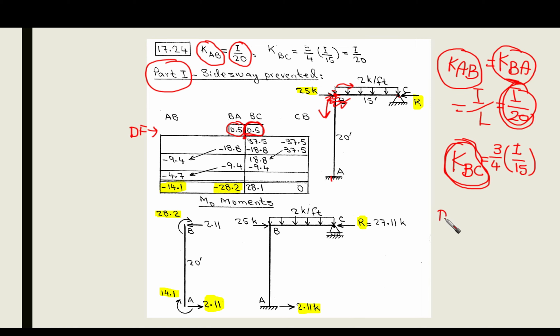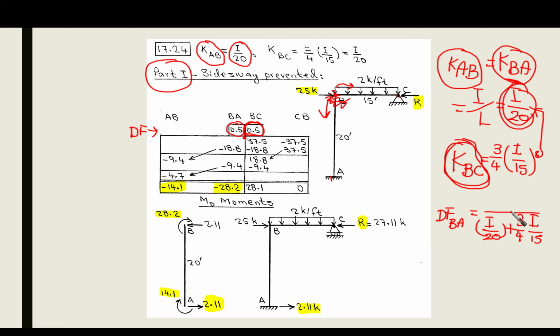The distribution factor for BA is going to be equal to, in the denominator, the summation of the relative stiffnesses of all members framing into point B. So we have I over 20 plus 3/4 I over 15 in the denominator.